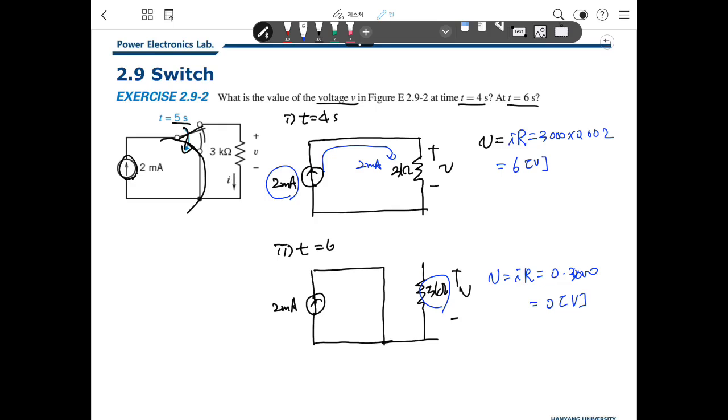When the switch is open, that means the resistor has a very high value, infinity. When the switch is closed, that means the resistance is 0, because there is no voltage difference across the switch. That means the switch determines the current path, or the connection of the elements.